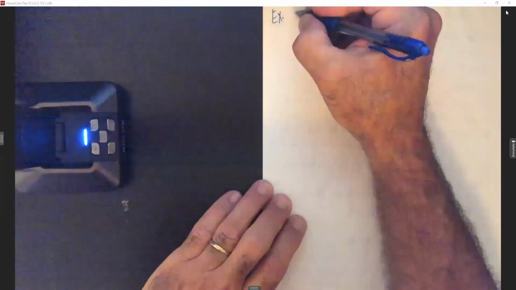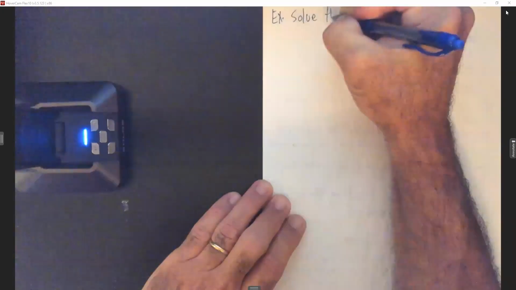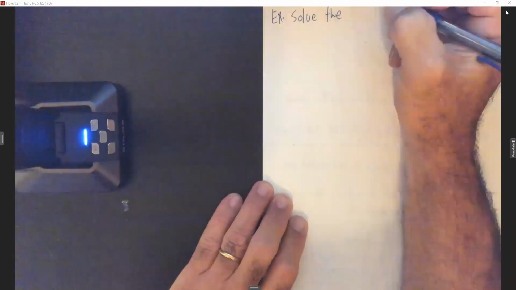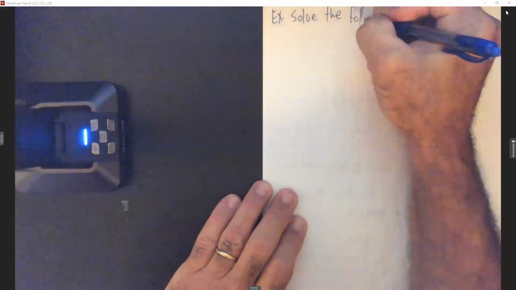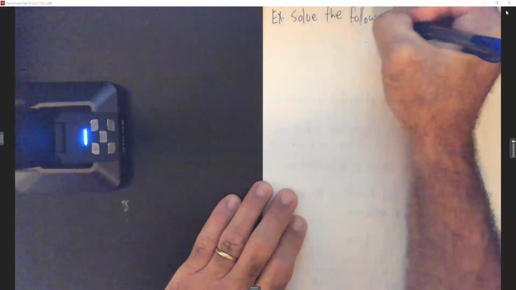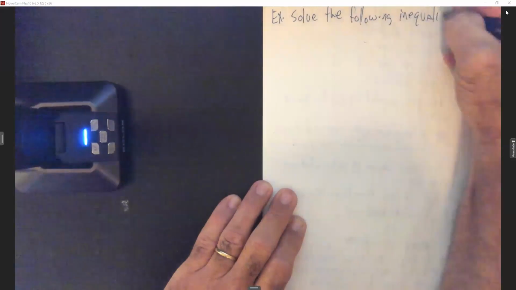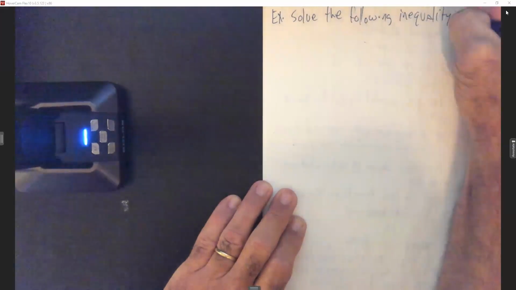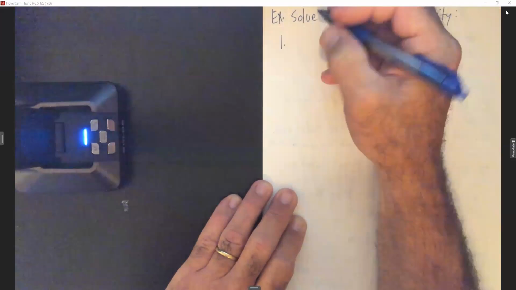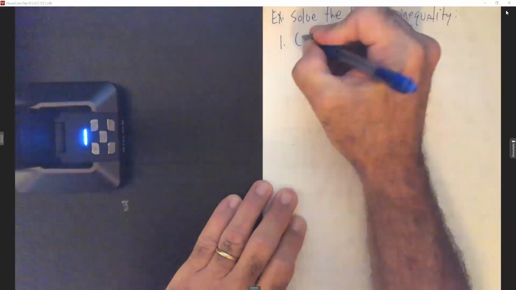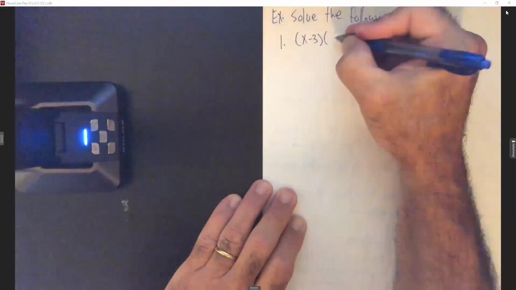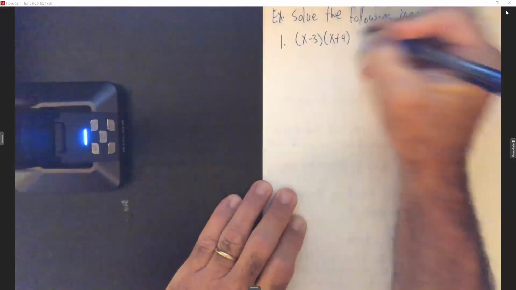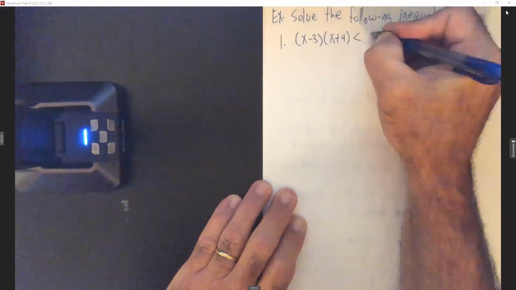All right, so solve the following inequality. And that'll be the instructions pretty much for all these. So for number 1, they're giving me x minus 3 times x plus 4. All of that has to be less than 0.